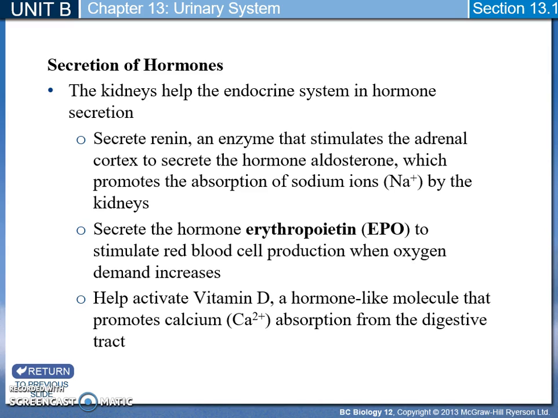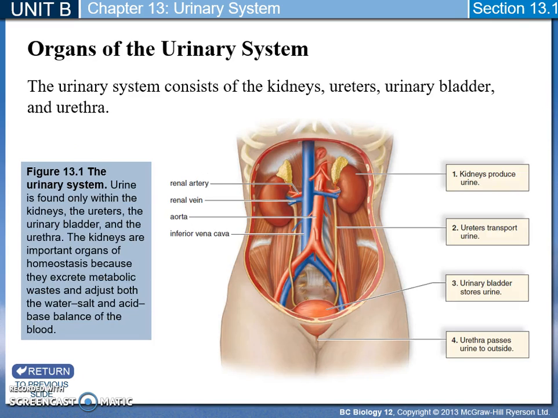The kidneys also help activate vitamin D, which is a hormone-like molecule that promotes calcium absorption from the digestive tract. Here are the main parts of the urinary system. Urine is found only within the kidneys, the ureters, urinary bladder, and the urethra.